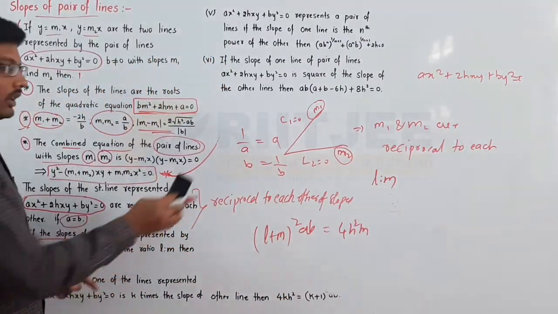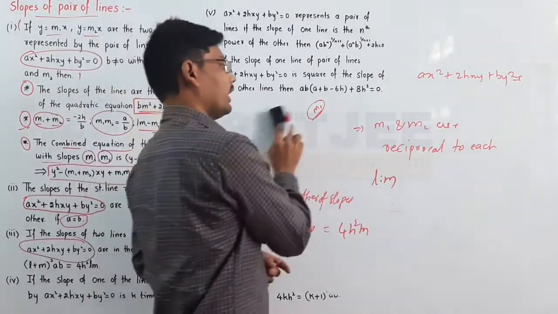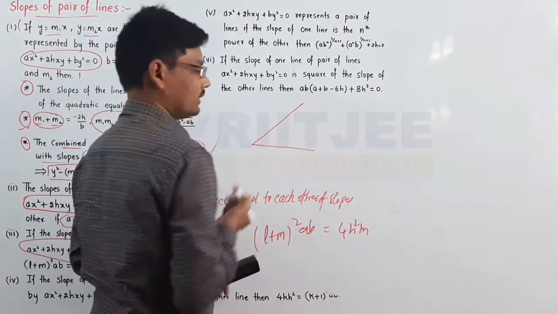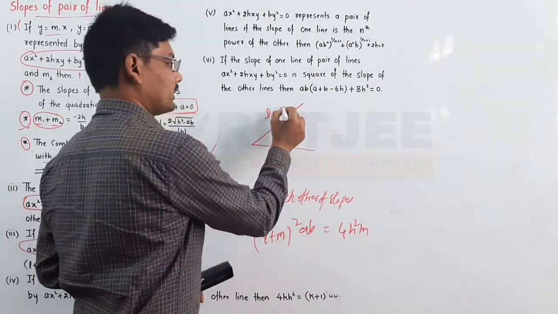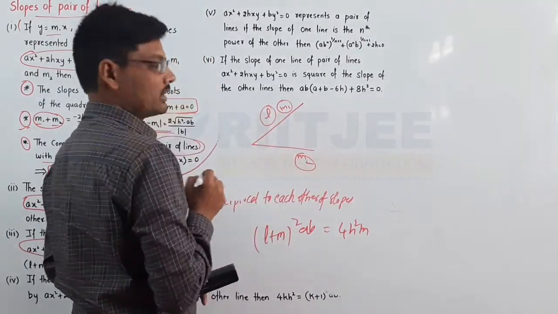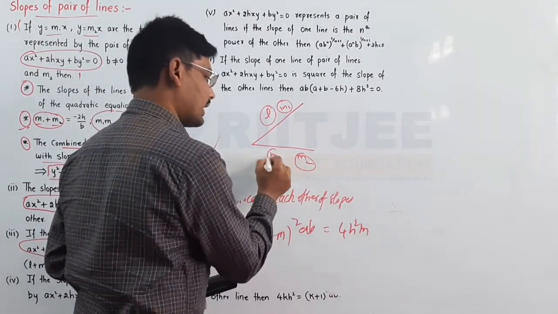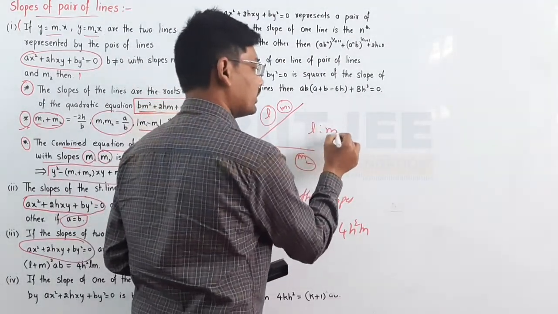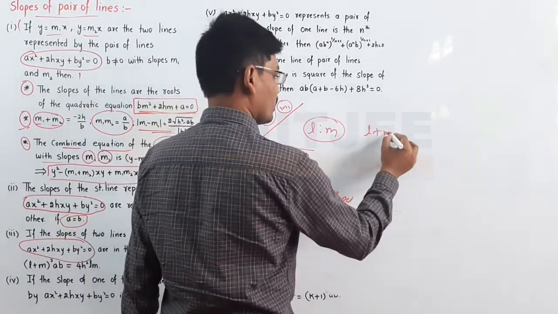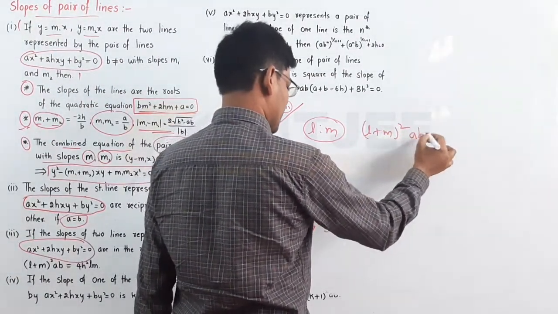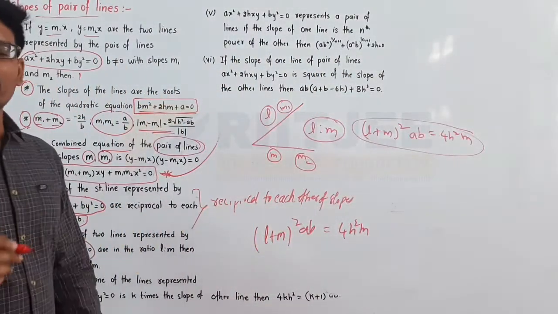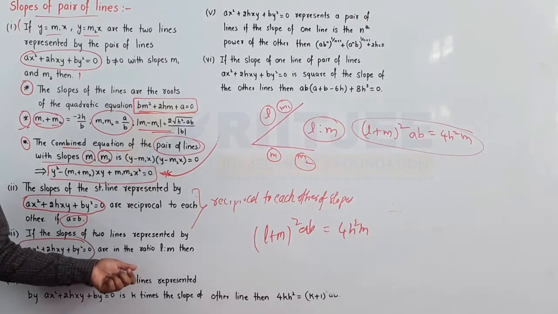And the next point is, if the two lines are in the ratio for the slopes, M1 slope is L and M2 slope is M, they are in the ratio of L is to M. Then the condition will become L plus M whole square ab is equal to 4h square M. This is the most important condition for the ratio of the slopes L is to M.